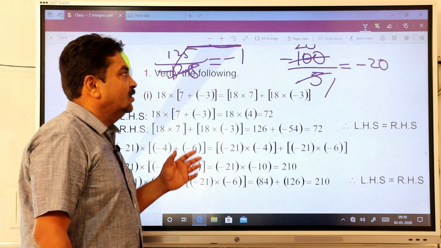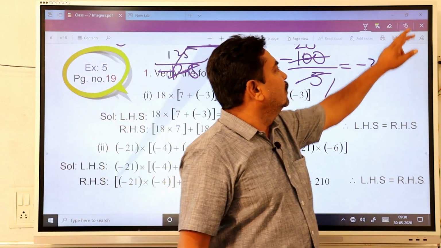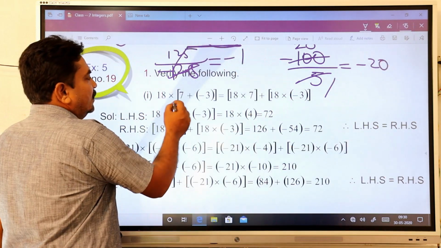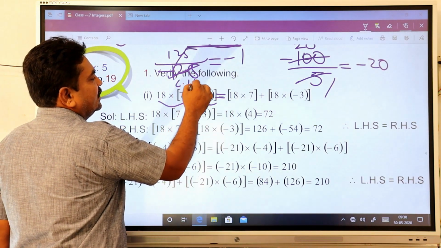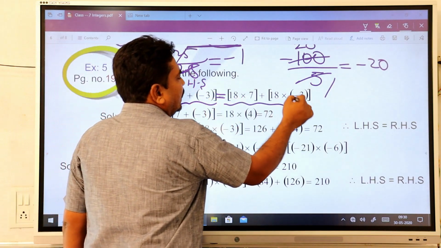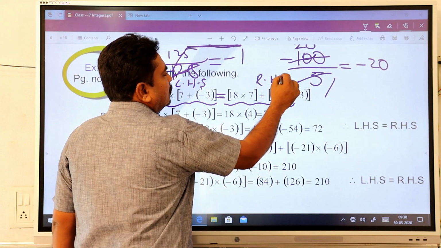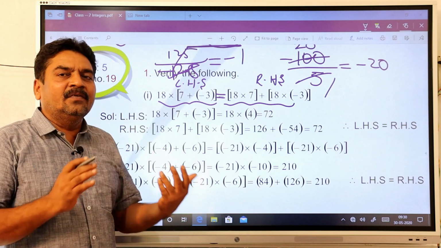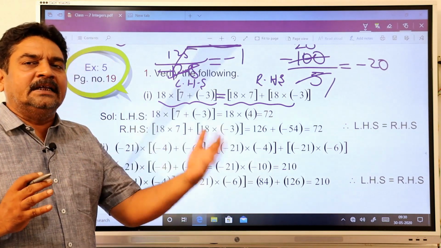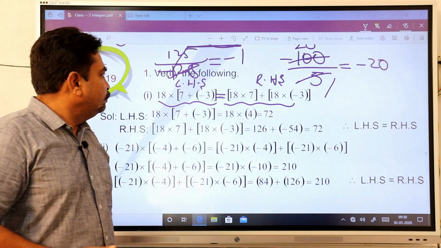The left side of the equal sign is the LHS and the right side is the RHS. We have to verify whether LHS is equal to RHS or not.